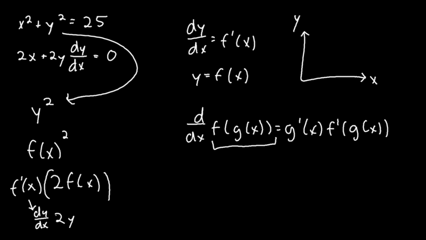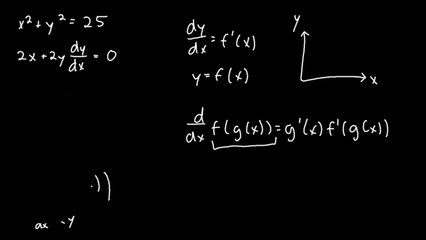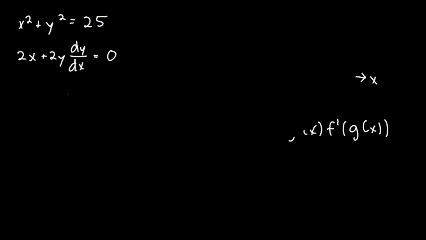Now, if you want to take the lazy route and not care about where you use chain rule, then just memorize this fact. Okay, but just memorize this fact. If you're taking the derivative of anything with the variable y in it, just multiply by dy dx.